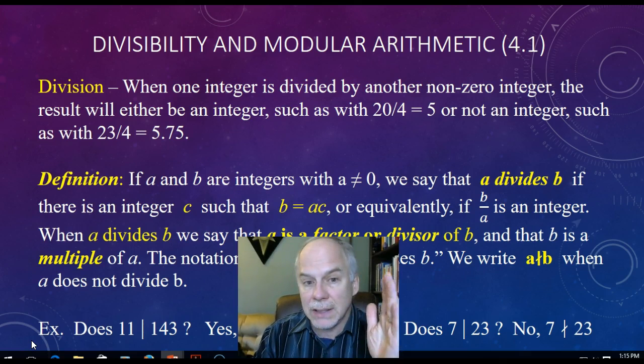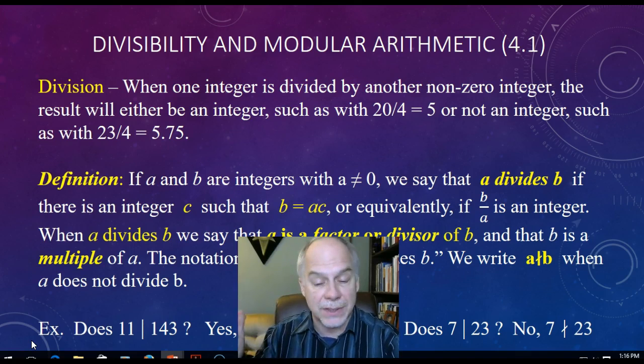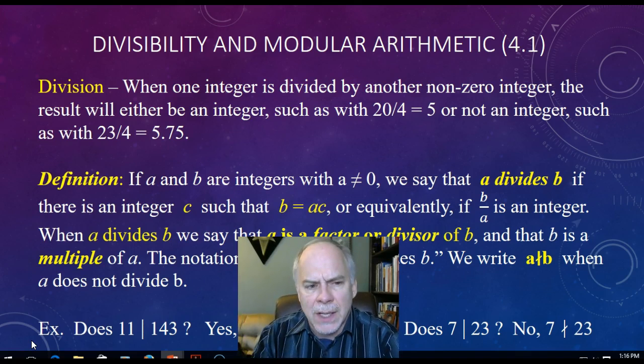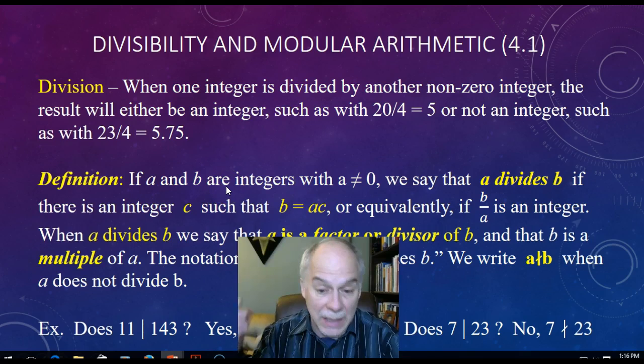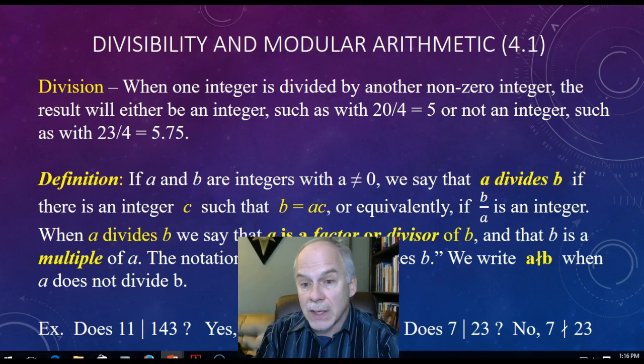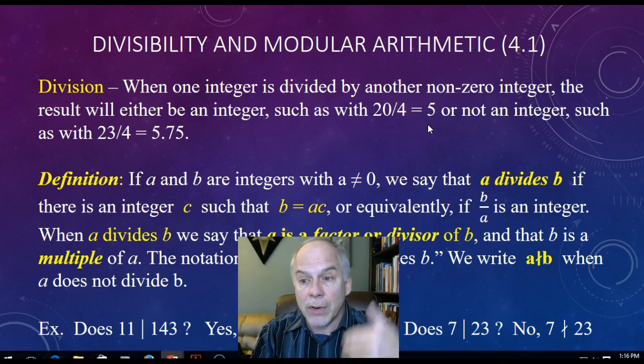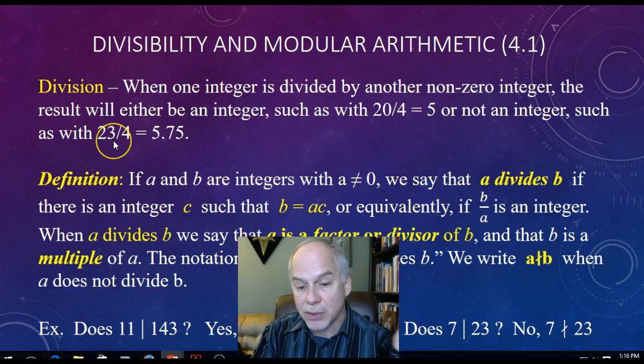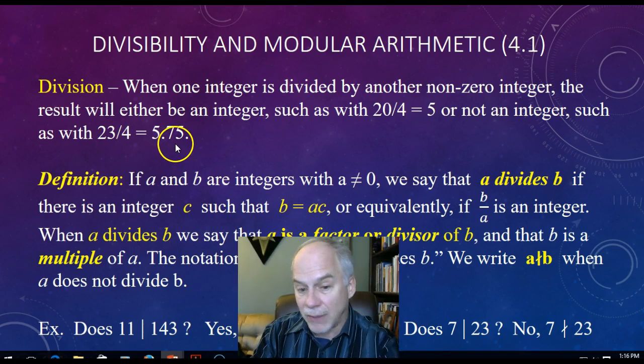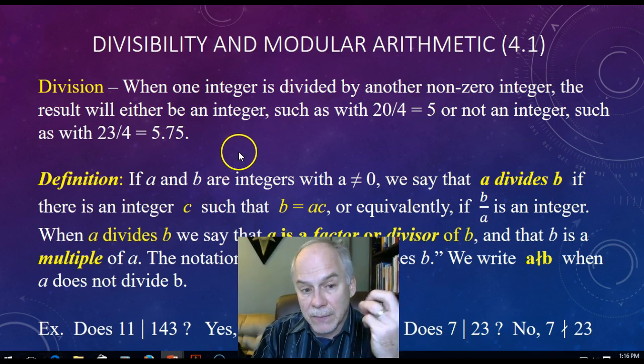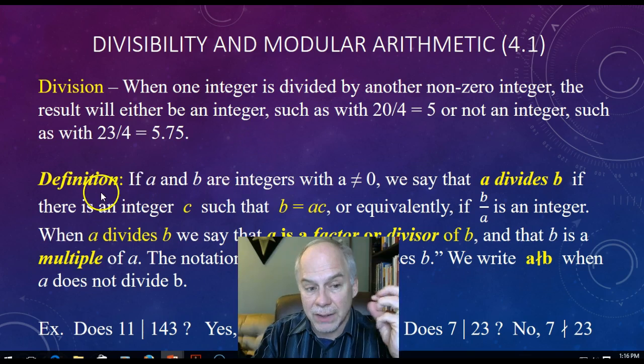When one integer, whole number, is divided by another non-zero integer, the result will either be an integer, such as when you divide 20 by 4 and it gives you 5. That's an integer, or not an integer, such as when you divide 23 by 4 and it comes out to 5.75. Okay?